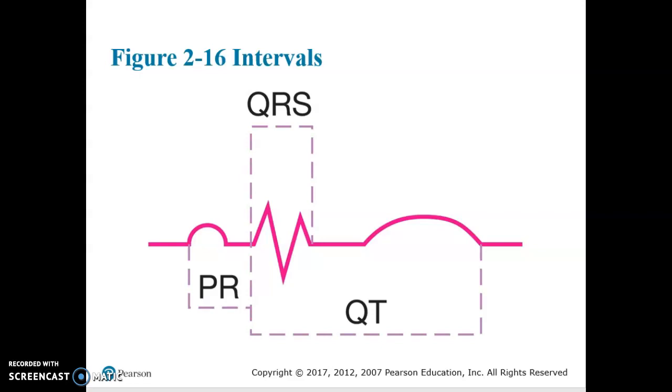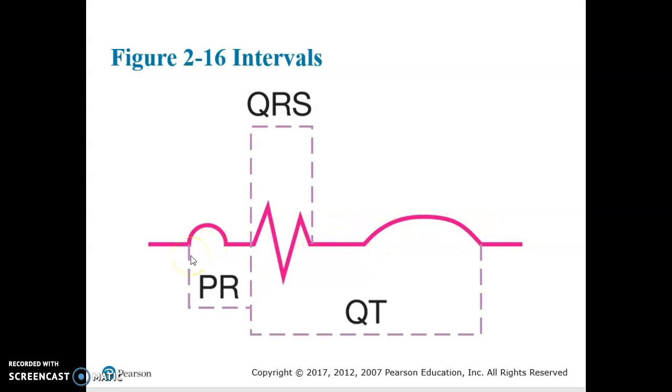So first we're going to talk about the PR interval. Remember, this is the P wave, and then we've got the PR, the QRS complex, and then we have the ST segment, and then we have the QT interval, and so on.